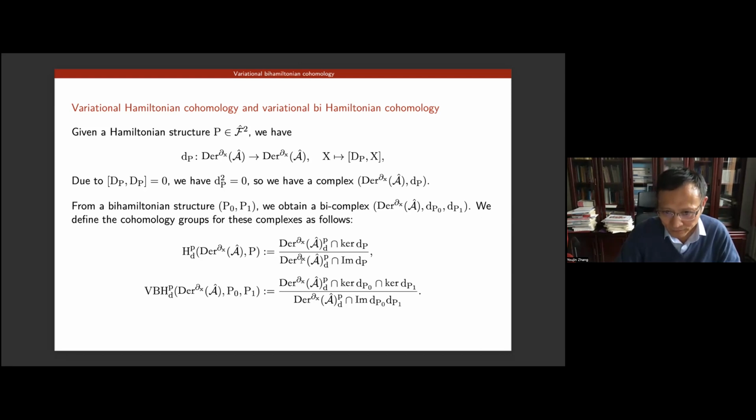We call these the variational Hamiltonian cohomology groups and the variational bihamiltonian cohomology groups.